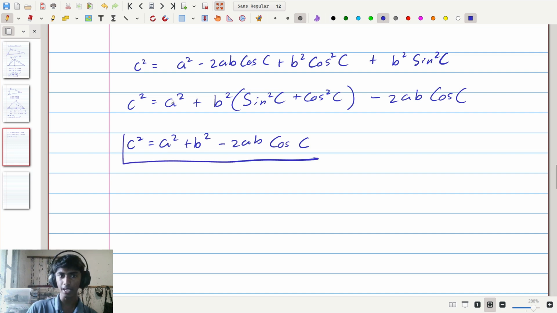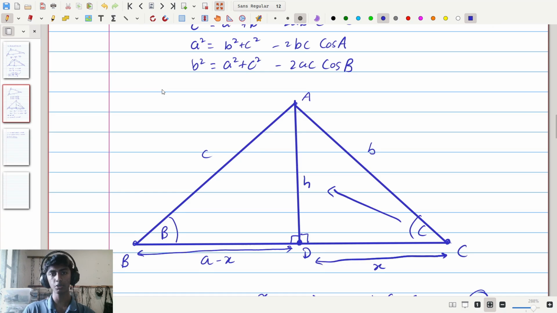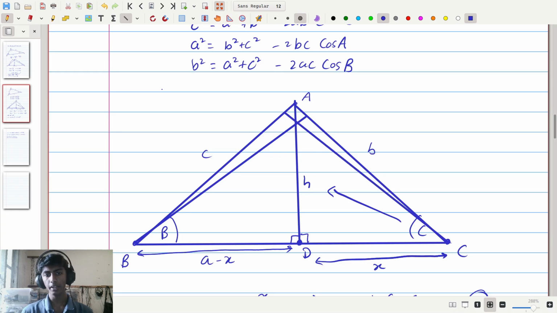And of course, once again, by the same construction, if you draw the other two right angles over here, you can find the other two in the same way.